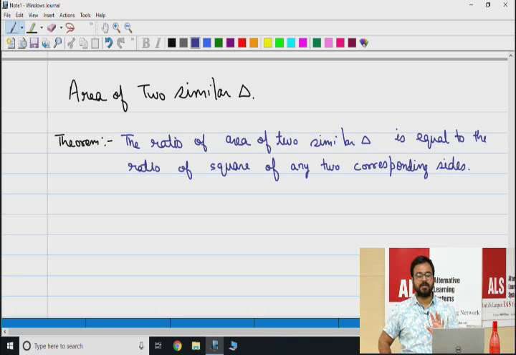If two triangles are similar, then the ratio of the area is equal to the ratio of square of the corresponding sides, any two corresponding side.